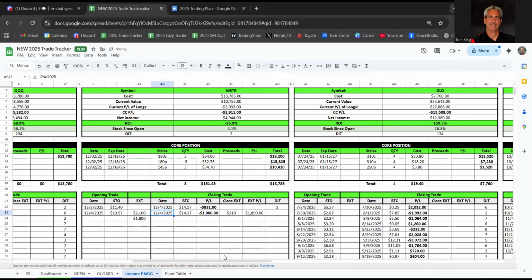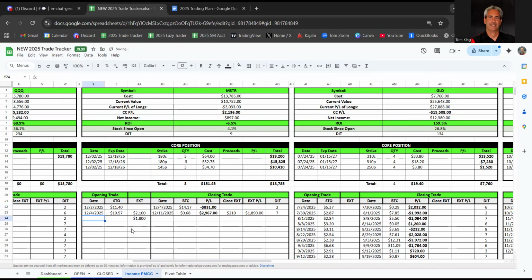Okay, so let's close this out. 12/11 is today. We bought the close at 68 cents. So we booked $3,000 in profit, of which that 210 was the extrinsic that was left out of the 2100. So we made 1890 of extrinsic on this thing.